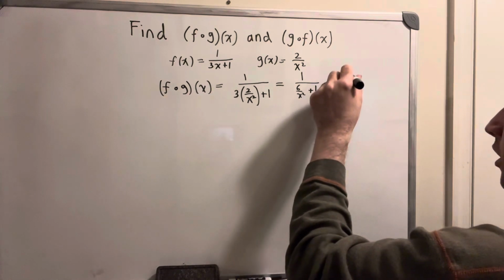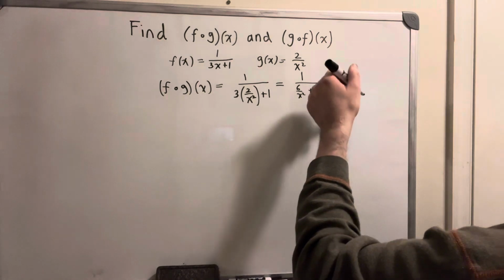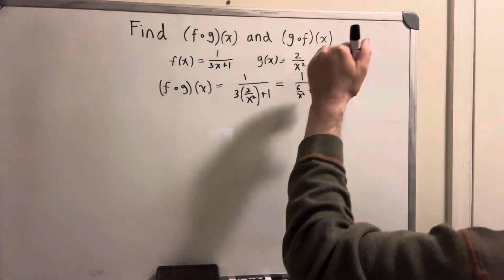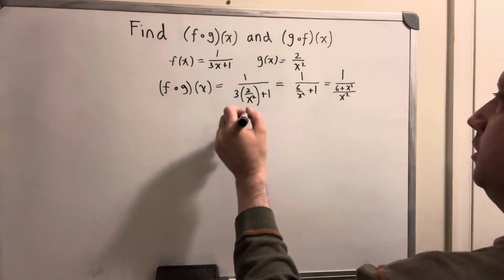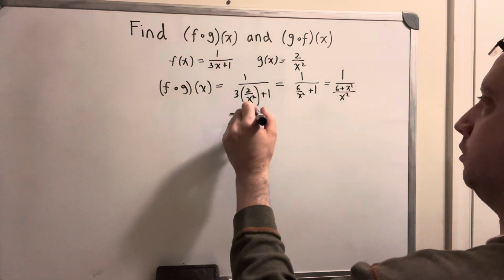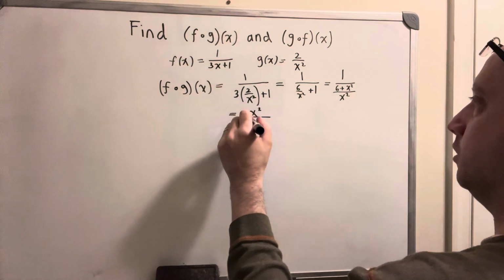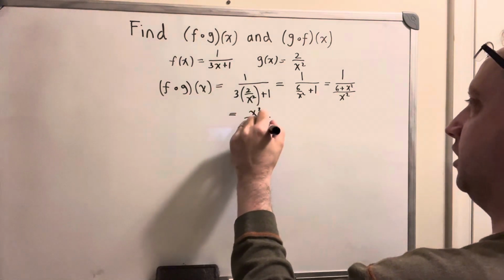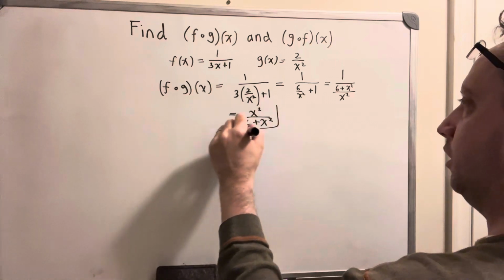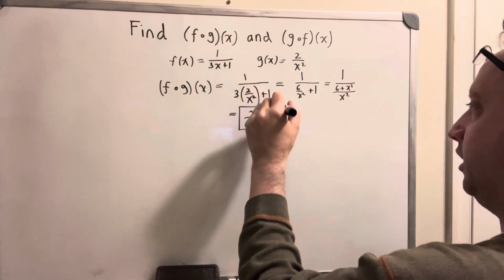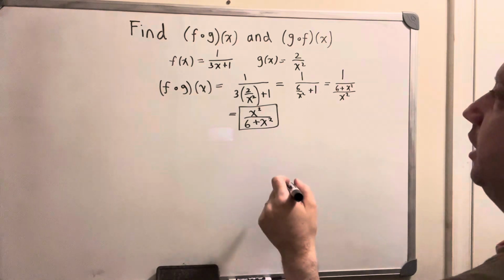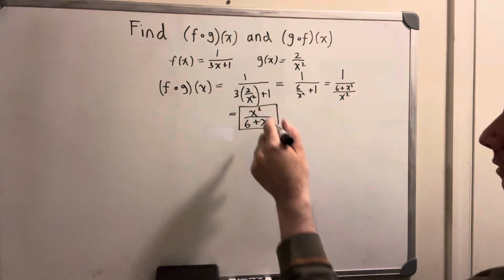Now if you have 1 divided by a fraction, you can bring the fraction up and just flip it. So this is equal to x squared over 6 plus x squared. If I haven't made any algebraic errors, that should be f of g of x.